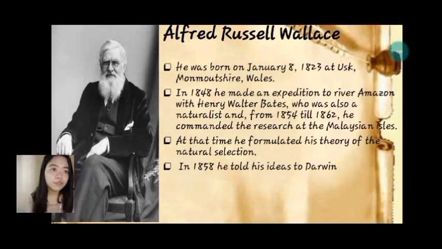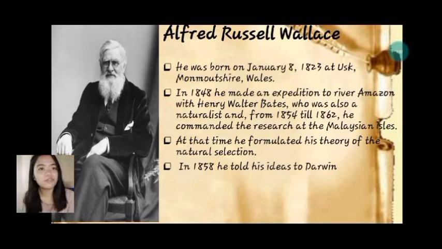From 1851 till 1862, he conducted research at the Malaysian Isles. At that time, he formulated his theory of natural selection. In 1858, he told his ideas to Darwin.